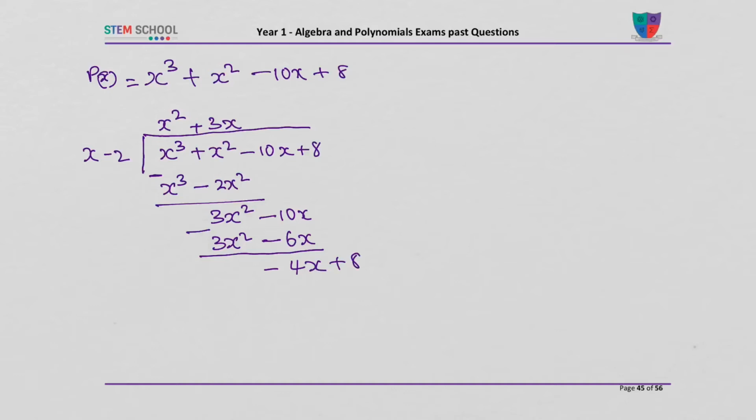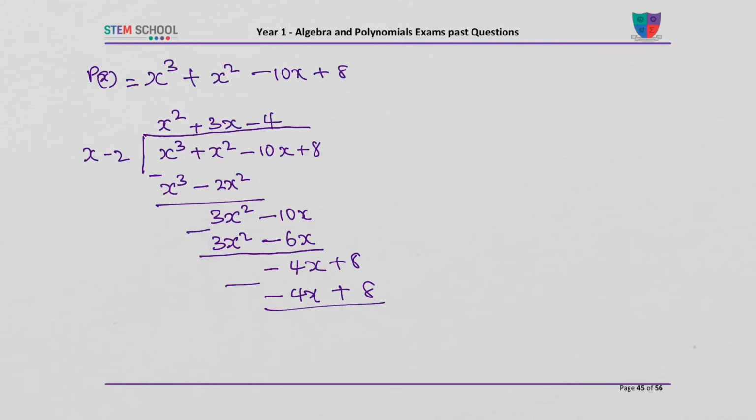What can I multiply x by to get minus 4x? Minus 4. Minus 4 times x is minus 4x. Minus 4 times minus 2 is plus 8. So now, take away again.